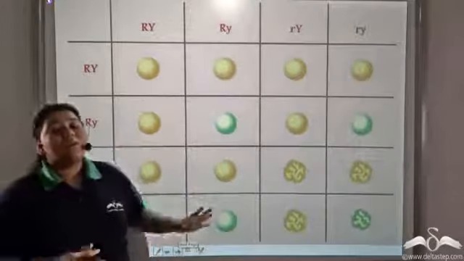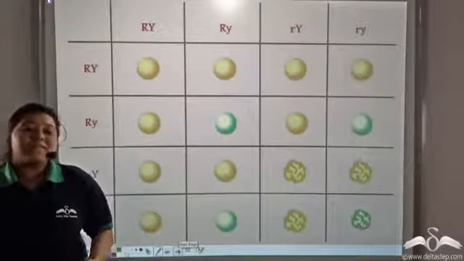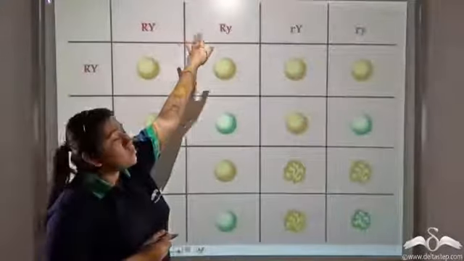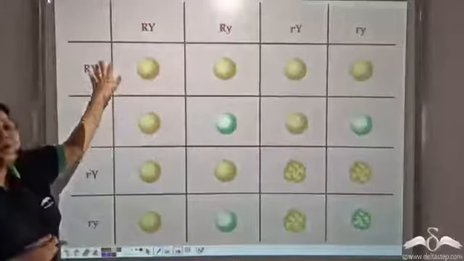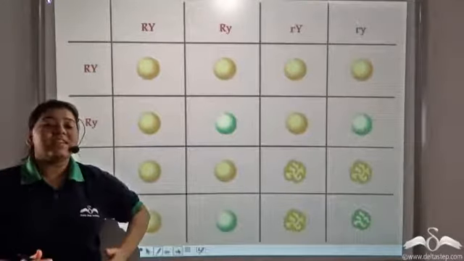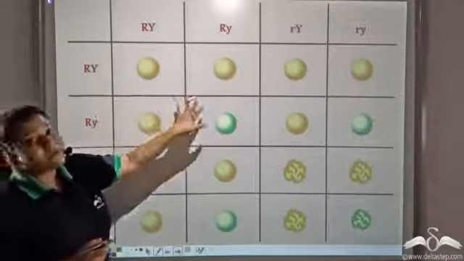Let us find out all the genotypes that are possible for all the offspring formed in the second generation. Now notice the topmost row and the leftmost column represent all the genes that can be obtained from both the parents. Now let us do the crosses.